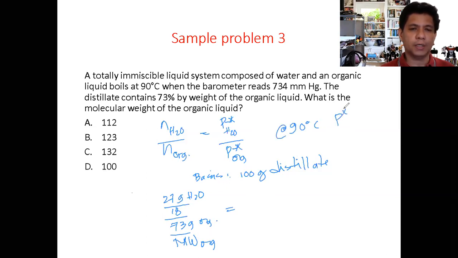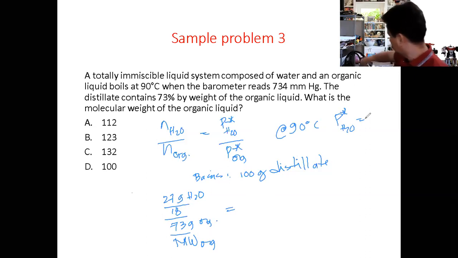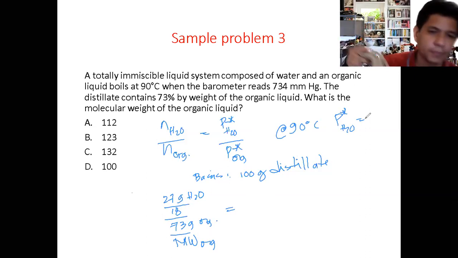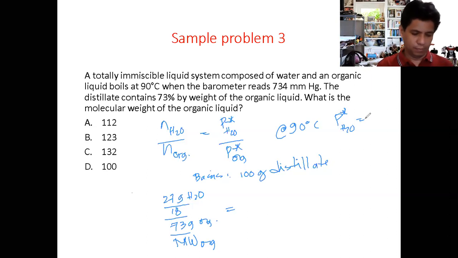P star H2O from the steam table is 70.11 kPa.